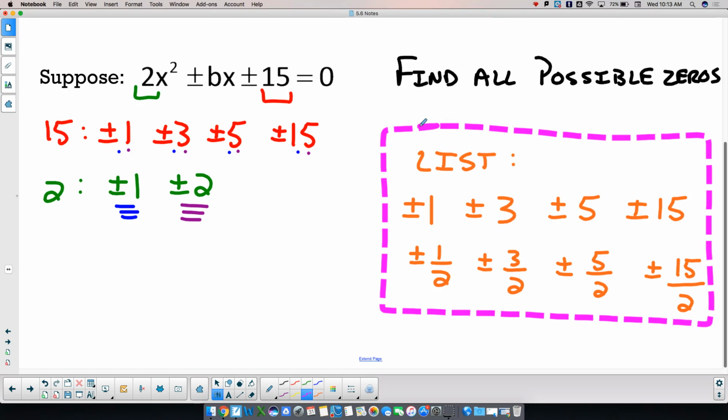Before, without any list of zeros, I would just be randomly trying numbers and might not even have a possible zero in there. Now at least I've got a list of possible zeros. I can narrow it down and go forward.